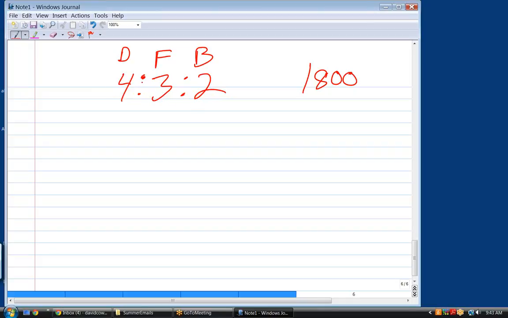So for every 9 votes, she got 3. Each of these people: he got 4/9 of the votes, she got 3/9 of the votes, and Borak got 2/9 of the votes. Well, 3/9 reduces to 1/3. So how many votes did she get if she got 1/3 of the total votes?